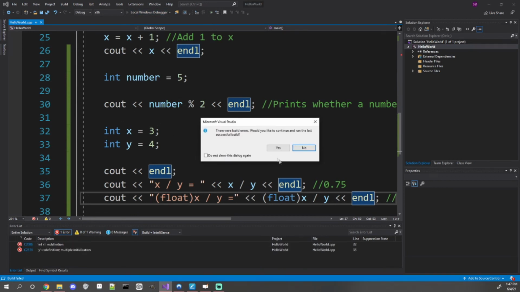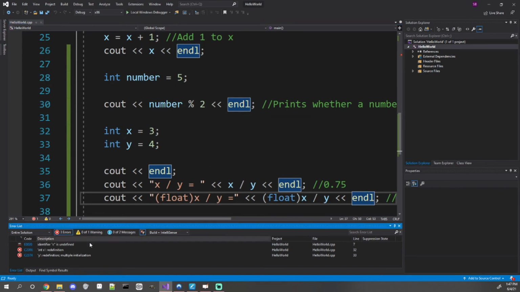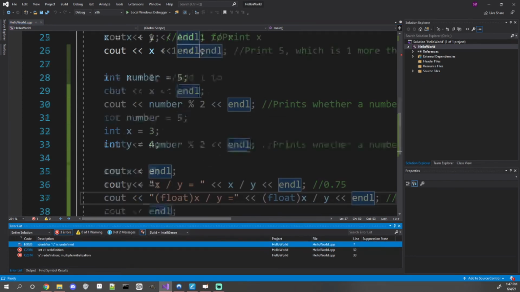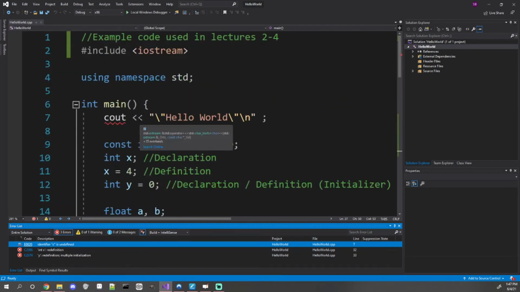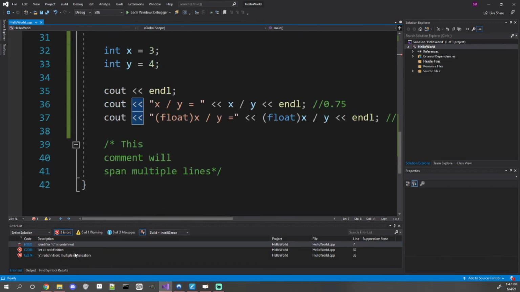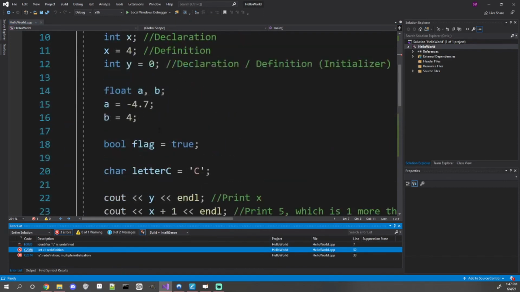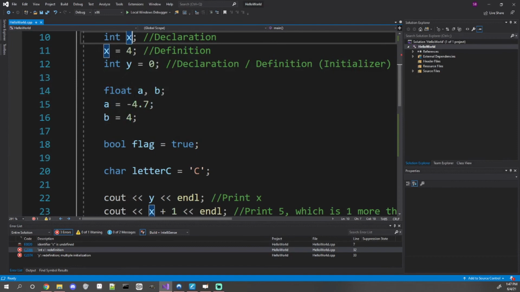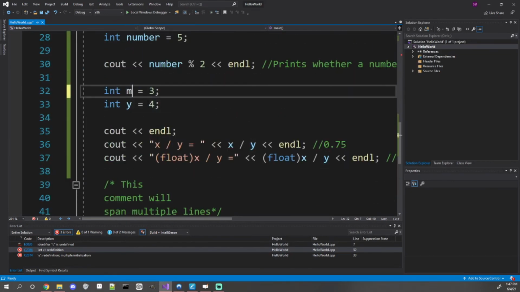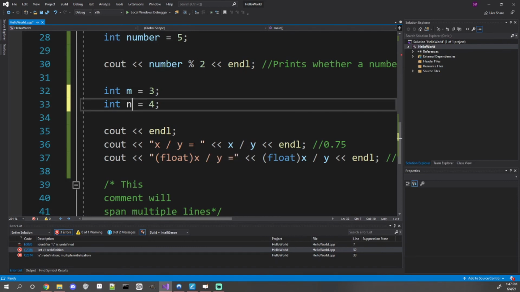Okay, so we compile it and run it, and I made a mistake somewhere. Identifier c is undefined on line 7. I may have made a typo. Int x, oh whoops, I named x up here and y up here, and then I did it again down here. Let's call this m and n then really quick.